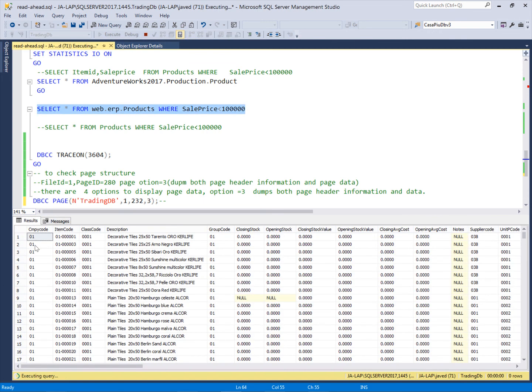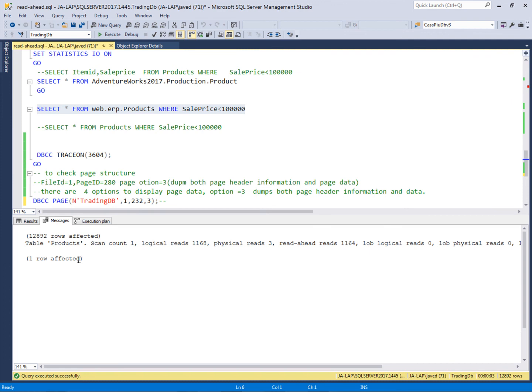Now if I check the result of this query, it shows that there are 1164 read-aheads. Read ahead means the engine reads the leaf level records in advance into the memory to boost the performance of the query. So this is the read ahead mechanism.